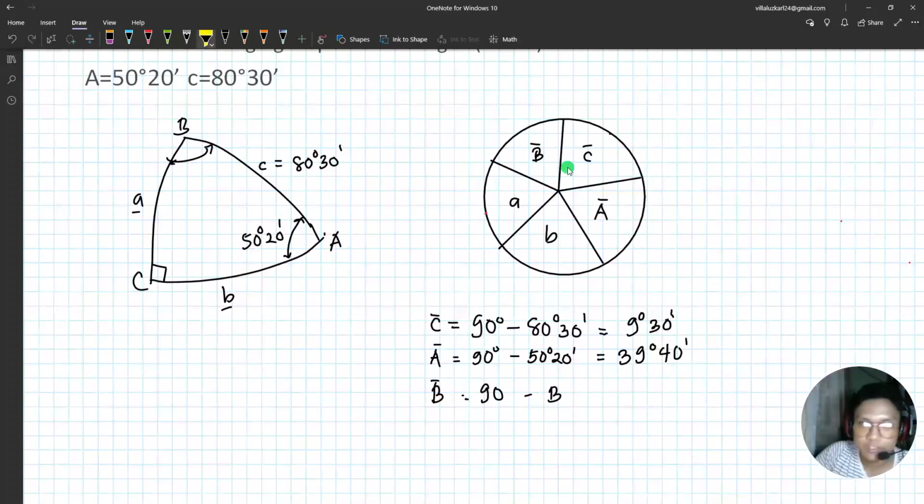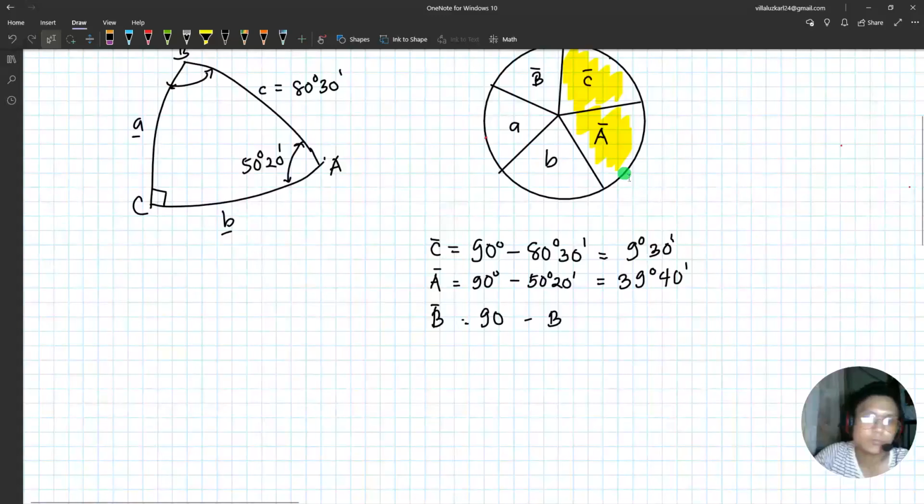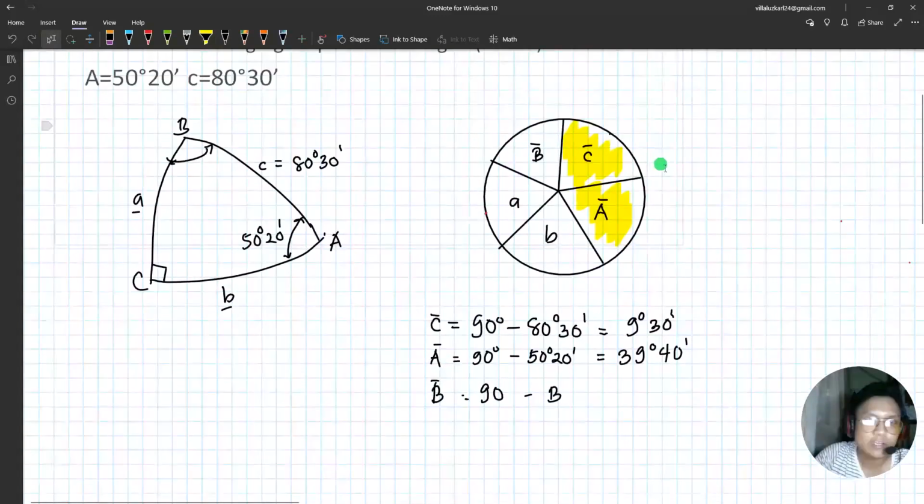We already determined bar C and bar A. Again, referring to this circle, we will identify which solution is easier, either sin-tan-ad or sin-co-op, depending on the required value. Here, we are required to determine the angle B and sides A and B.